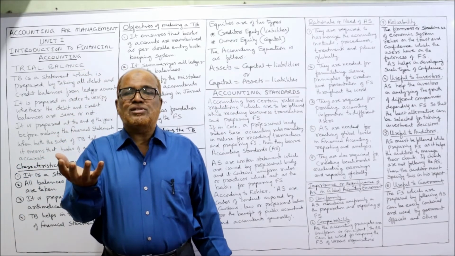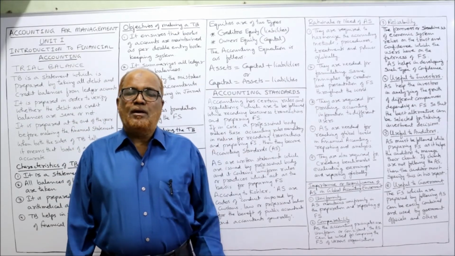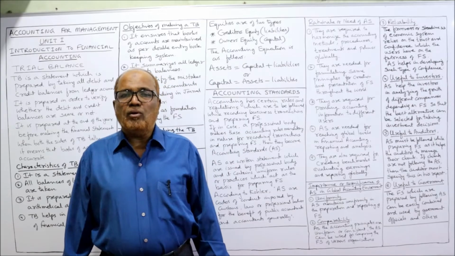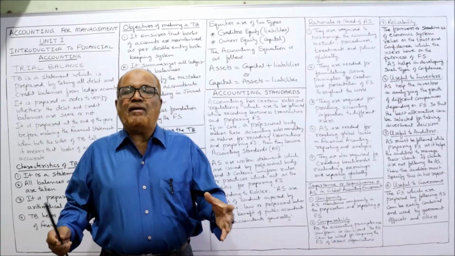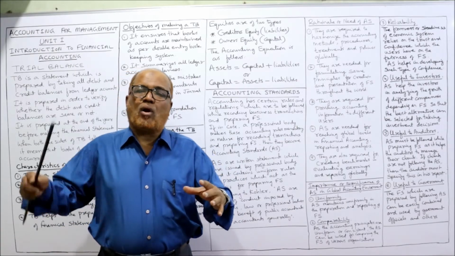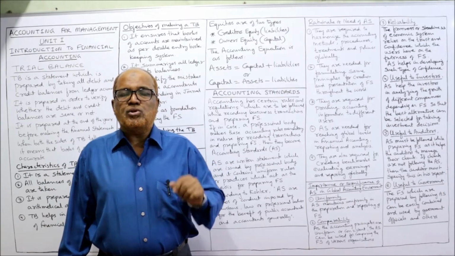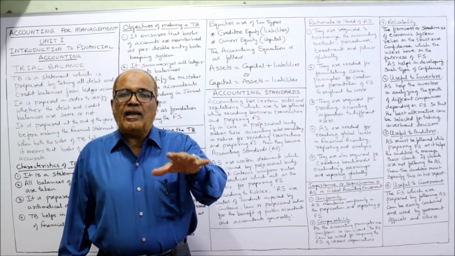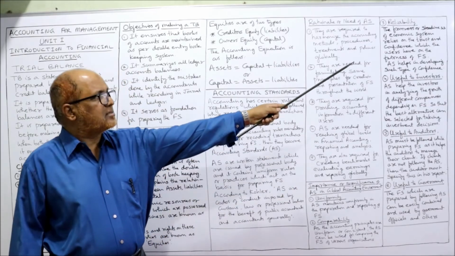The users of financial statements must have trust in them, then only the confidence level will be maintained. If the users have confidence in financial statements, they will accept them. So these accounting standards will maintain the level of trust or confidence among the users of the financial statements.